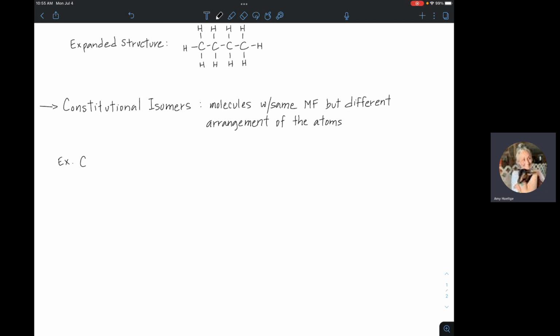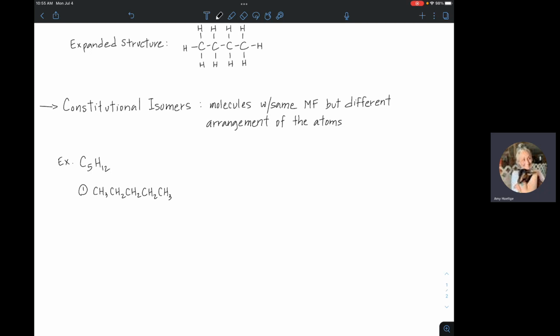So that would be C5H12. In our first example, we could draw the condensed structure, and that would simply be CH3, CH2, CH2, another methylene, and then the 5th carbon with its 3 hydrogens.